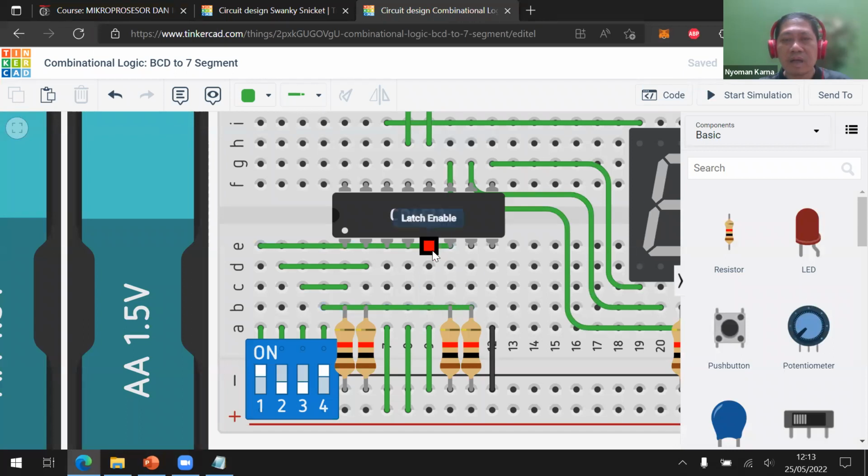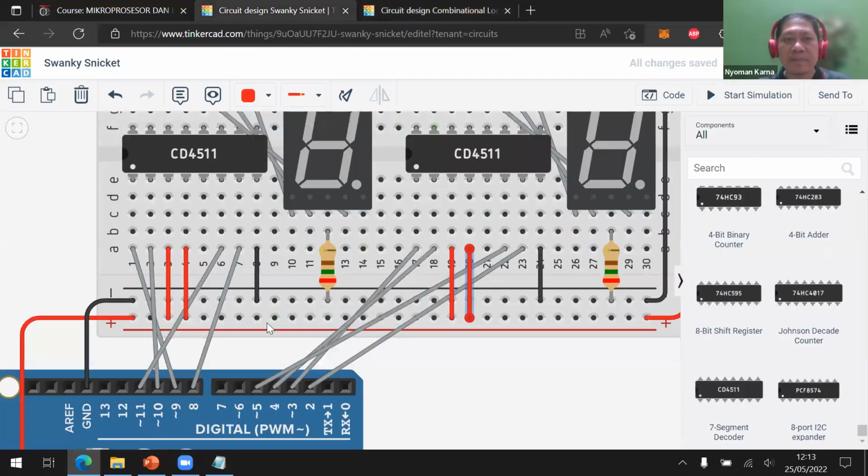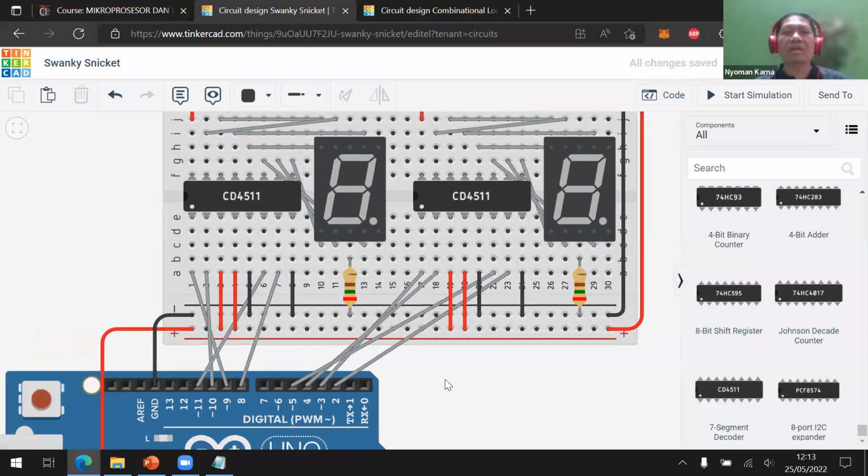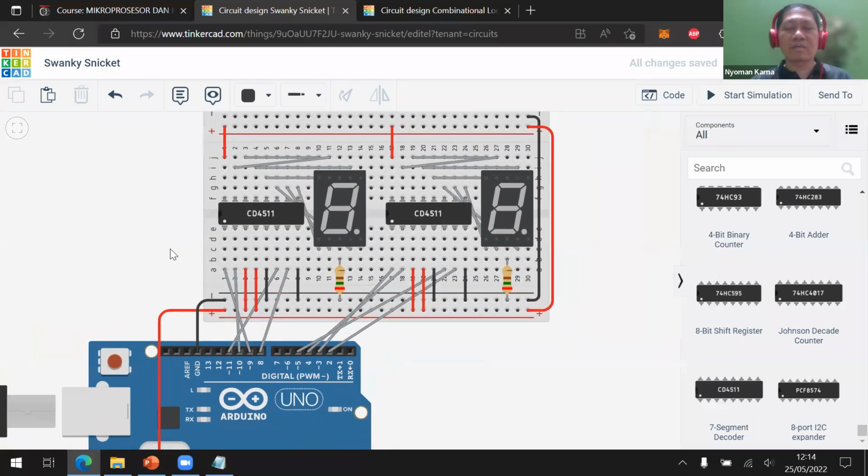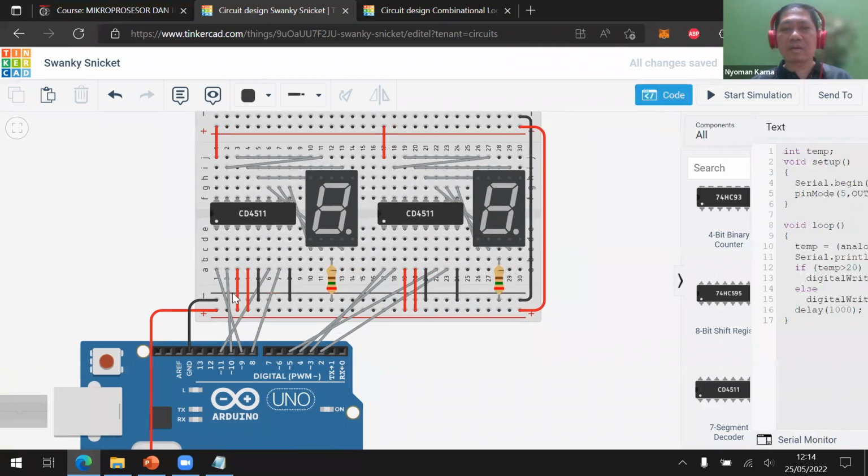However, the latch enable is connected to 0. Okay. Now finish, we made the circuit. We already finished the circuit. Now the code.